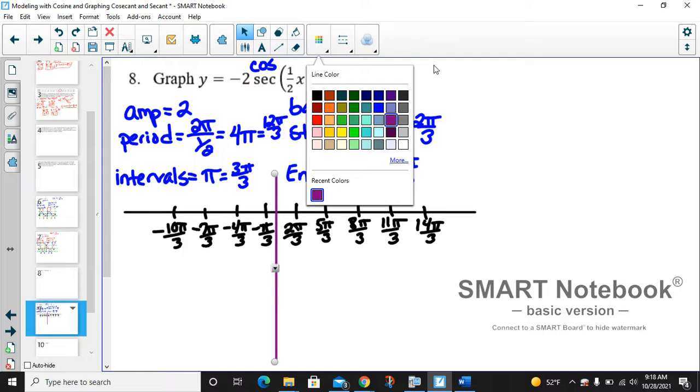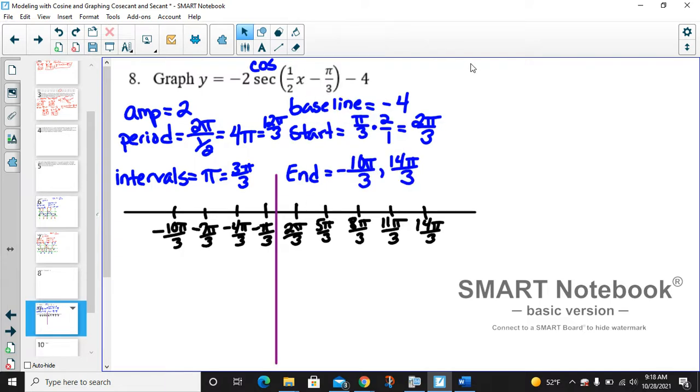Since it wasn't one of our intervals, when we're going through, we are not putting a point on it. And of course, we want the line a little bit closer to negative pi over 3 than 2 pi over 3 because 0 is closer.